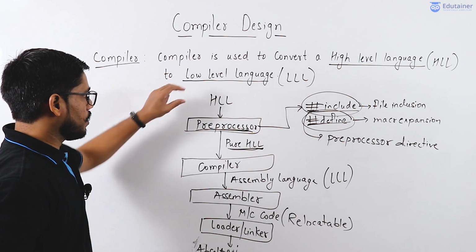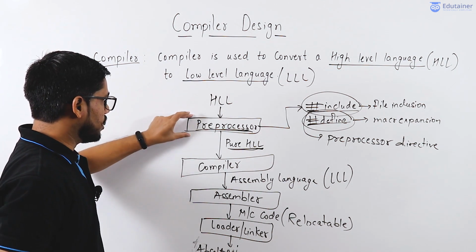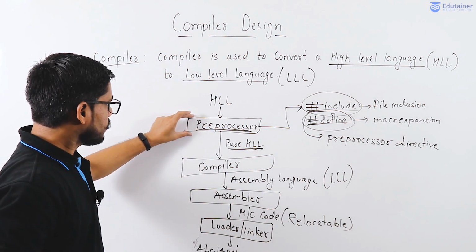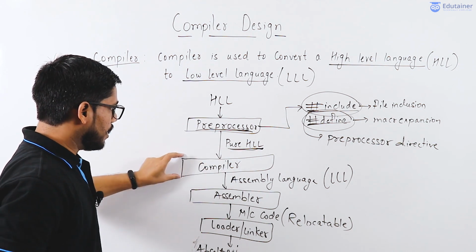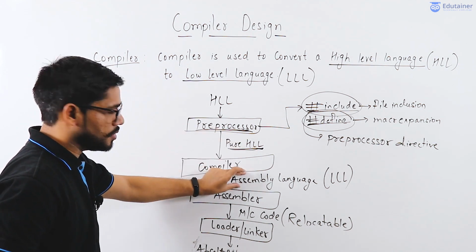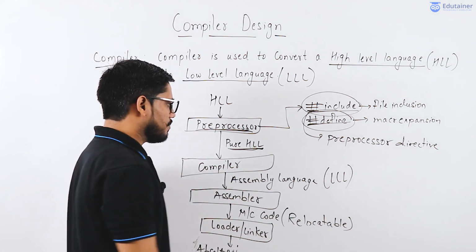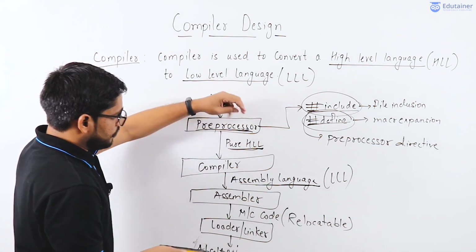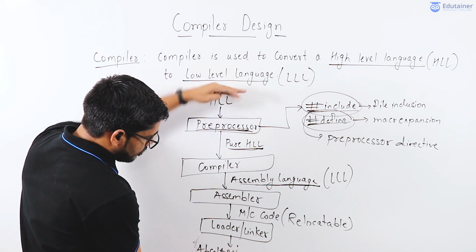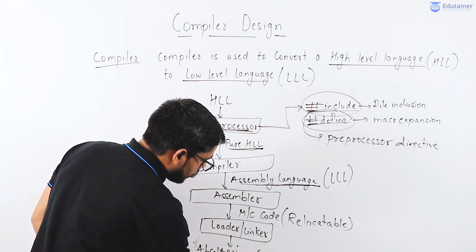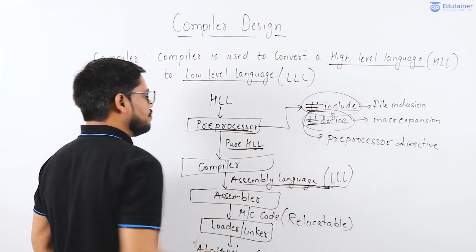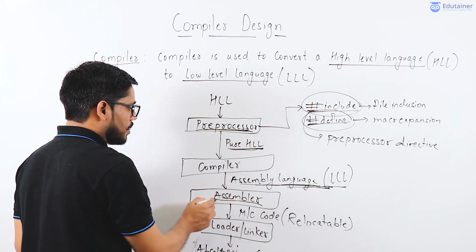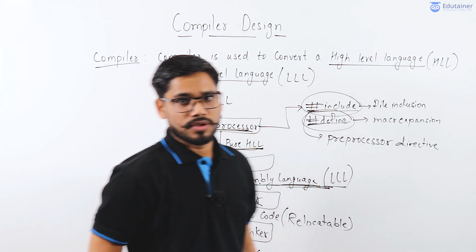So the high level language first needs to be converted to pure high level language by the preprocessor phase. After that, the compiler converts the pure high level language into assembly language. Assembly language is a kind of middle level language, in between the high level language and the pure low level language. This middle level language is converted to relocatable machine code by the assembler.